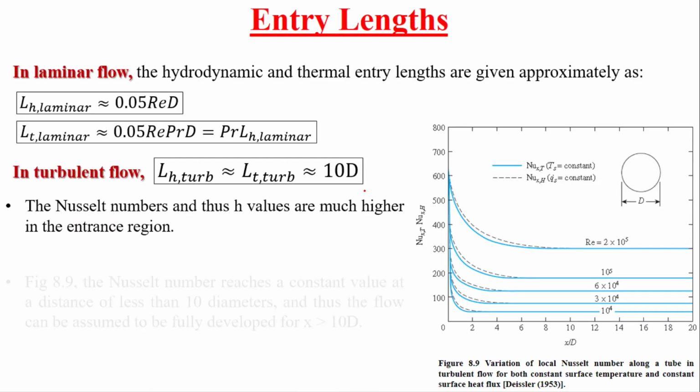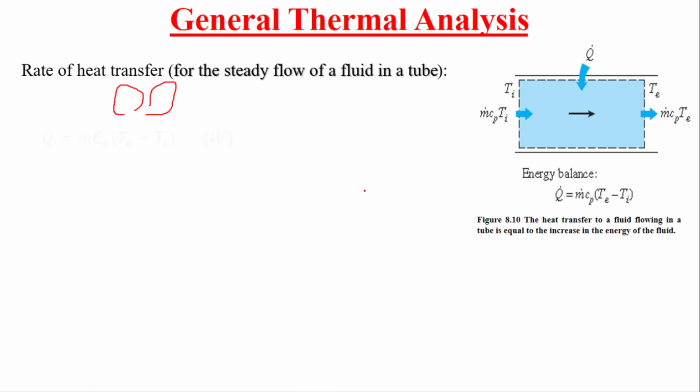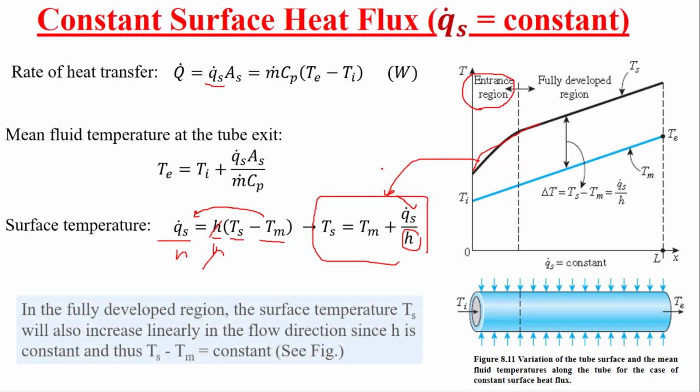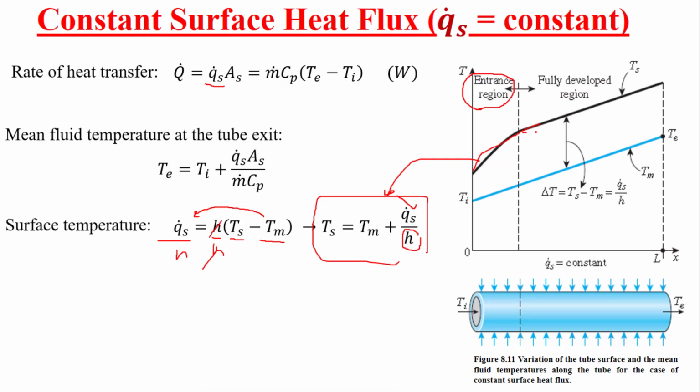This is why this profile is linear in the fully developed region, because of h, and in the entrance region it is variable. Now regarding T mean, again it is constant.